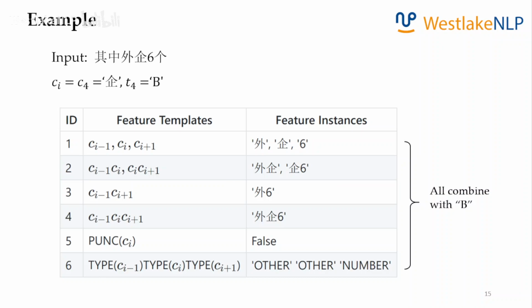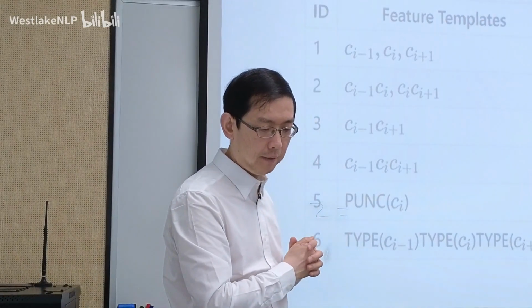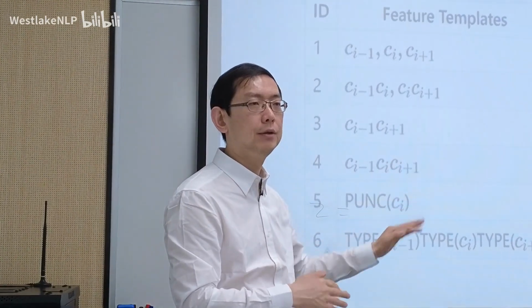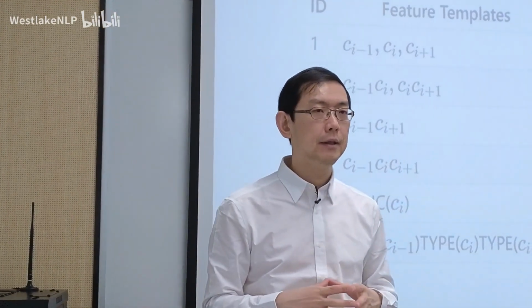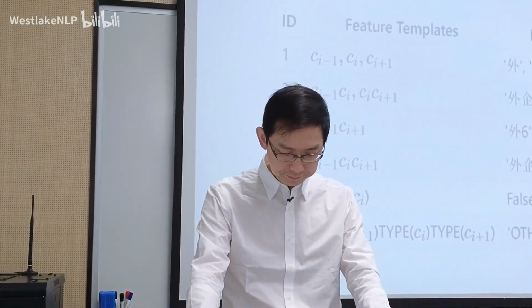So C I plus 1 equals 6 and T I equals B, they're composed together to form a feature instance. You can look at other feature instances, they are similar. So according to the feature template from the last slide, and according to this input-output pair, we know the non-zero values in the long vector. Similarly, you can imagine other instances.